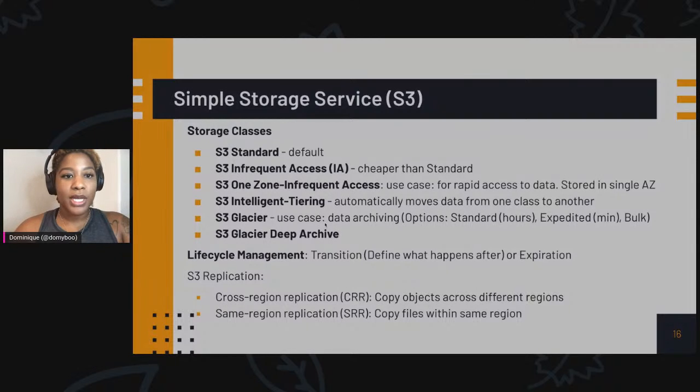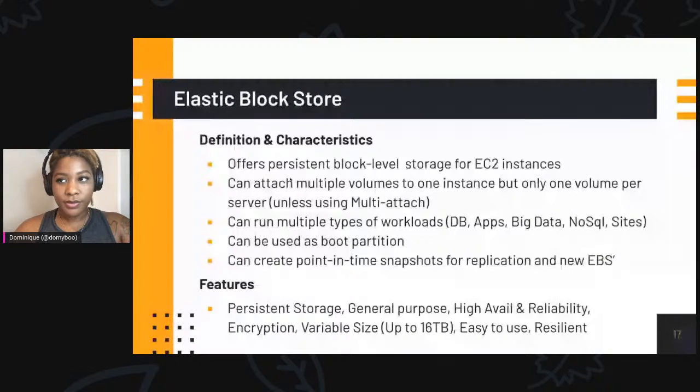Then chapter 2 goes into Elastic Block Store. Elastic Block Store offers persistent block level storage for EC2 instances. You can attach multiple volumes to one instance, and by instance, I hope you know that an instance is a virtual machine.